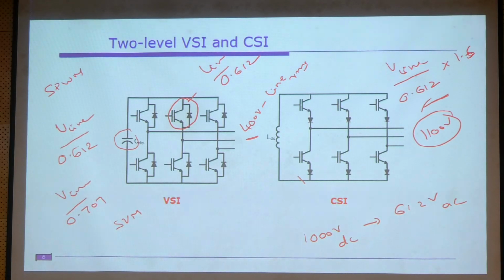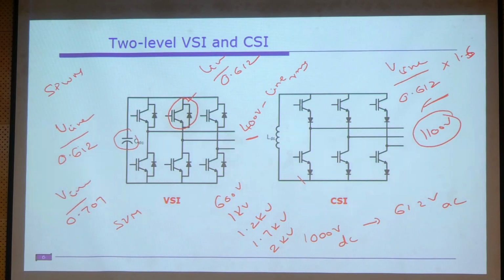You need to see what different options are available from different manufacturers. There are 600 volt devices, 1 kV, 1.2 kV, 1.7 kV and 2 kV devices available in the market. Your requirement is 1.1 kV, so you will select the 1.2 kV device.